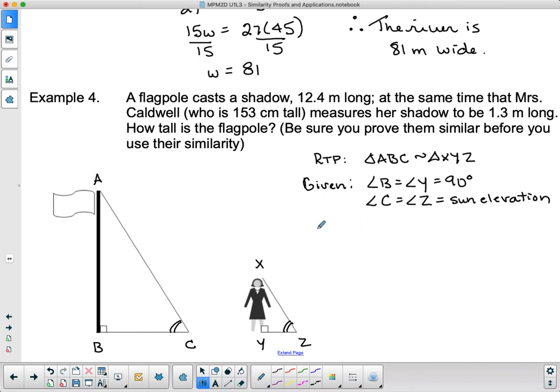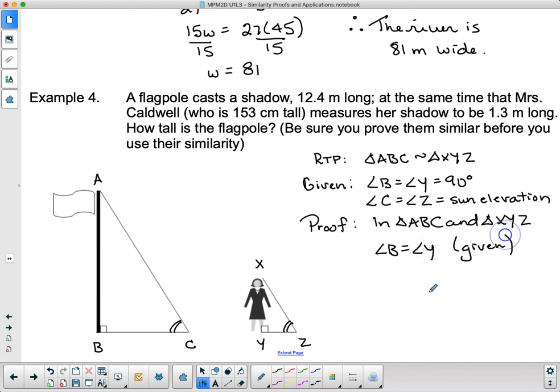So now we're going to say proof in triangle ABC and triangle XYZ. Well, these are the two angles that we need. Angle B equals angle Y, and the reason for that is because it was given. And angle C equals angle Z. The reason for that is because it was given.